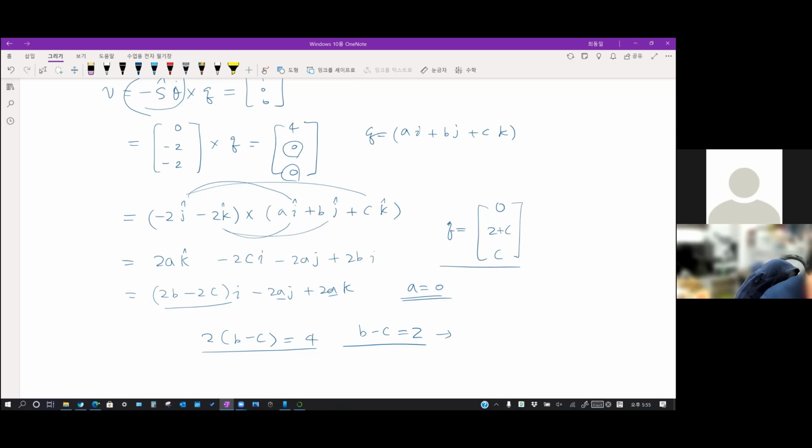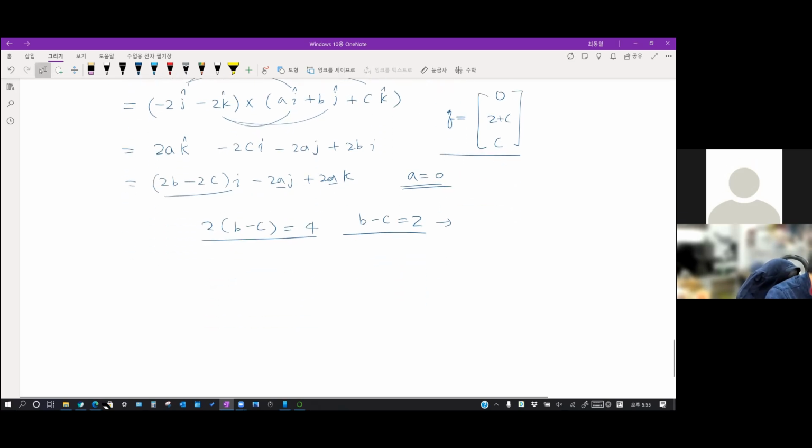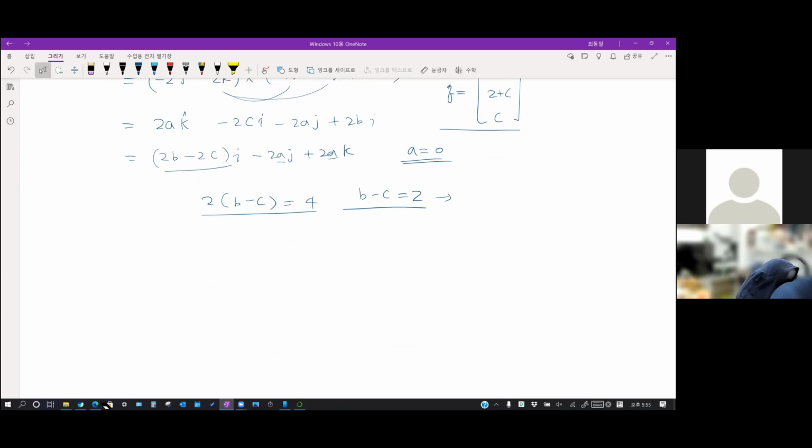So the selection of Q can be multiple. But if we draw the screw axis, let me think about this. There is the x-axis, y-axis, z-axis. And in this problem, the screw axis direction was 0, 1 over root 2, 1 over root 2.